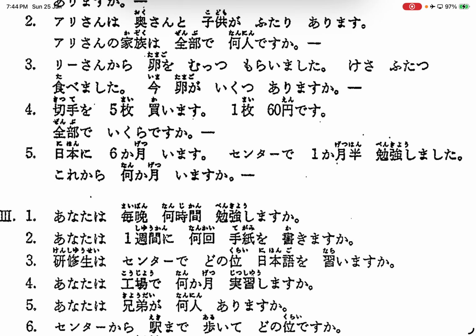So これから, from now on, 何ヶ月います。So he's there for 6 months, but he's already studied for 1.5 months at the center. So how many months from now on are left?